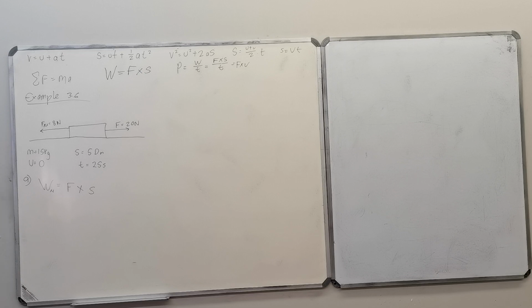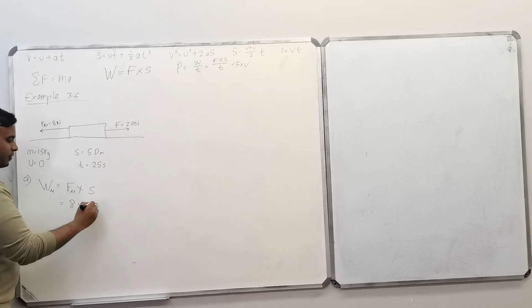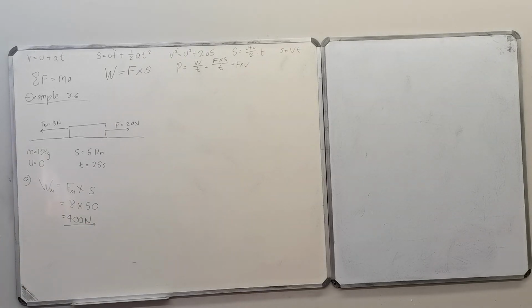In the question they tell you the resistance against motion, so you would use that force, the frictional force. So this would be equal to 8 times 50 meters, which is equal to 400 joules. Simple? Everybody understands that? Work done against resistance, so that's why we're using the frictional force. Because they ask you for the work done against it.